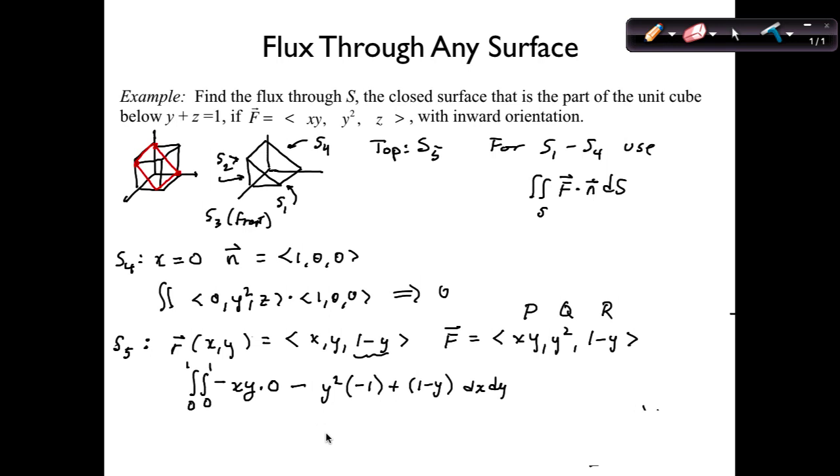That'd be outward. So we have to take the opposite of this whole thing to get inward orientation, which is downward. That general case formula would be for Z positive orientation. If we need it in the negative k direction to be inward, we're going to take the opposite of the whole thing.